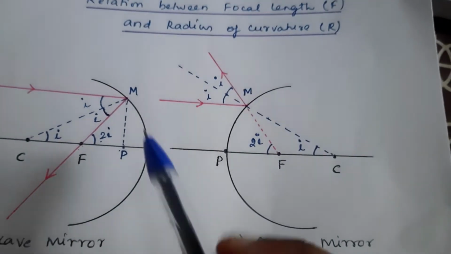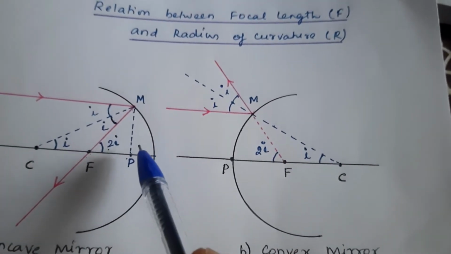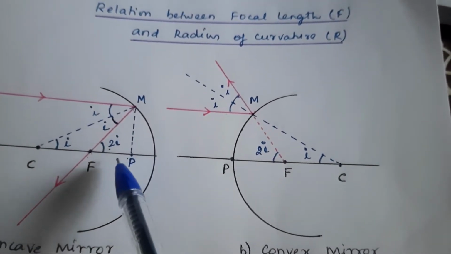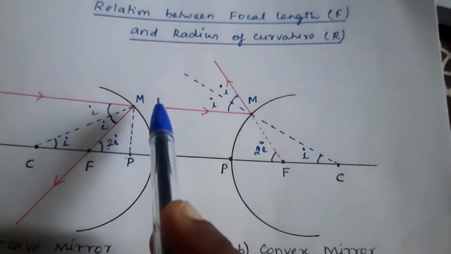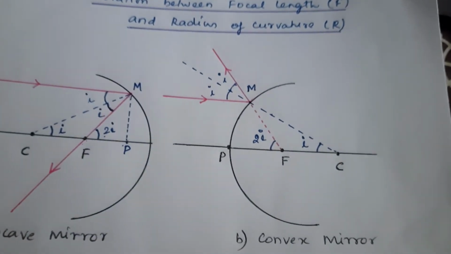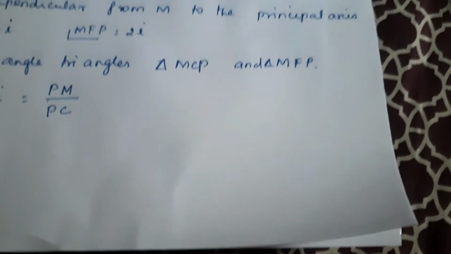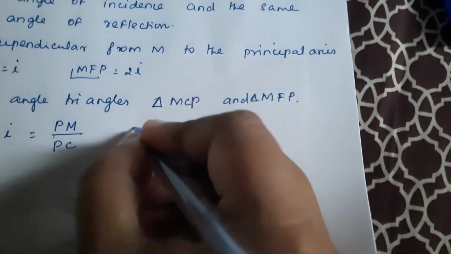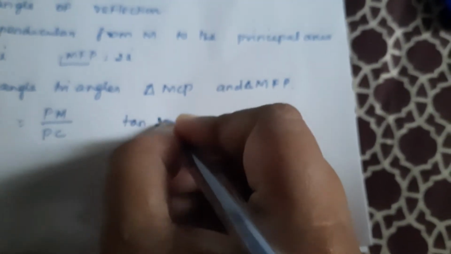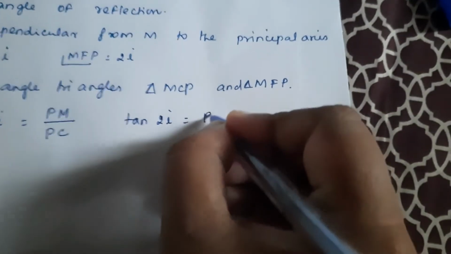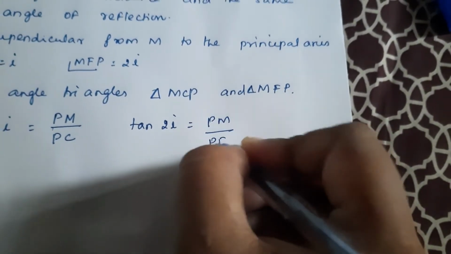Now, I will take the next triangle MFP. Here also I am going to take tan 2I. Tan 2I is equal to PM by PF.